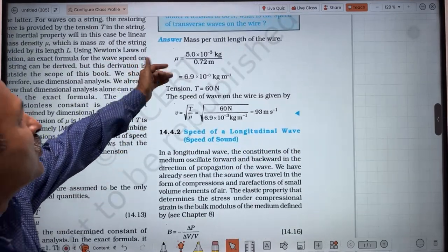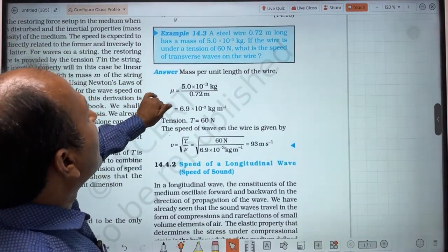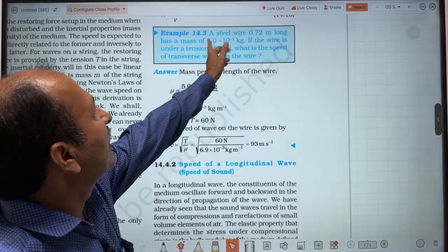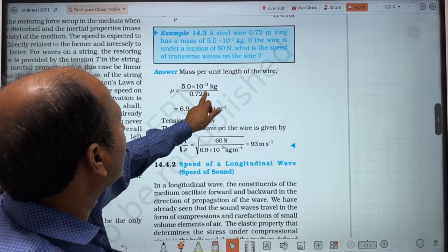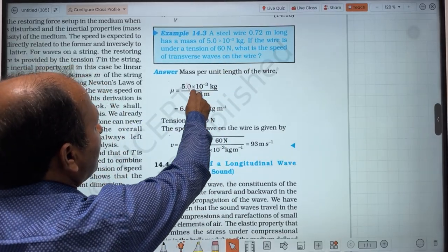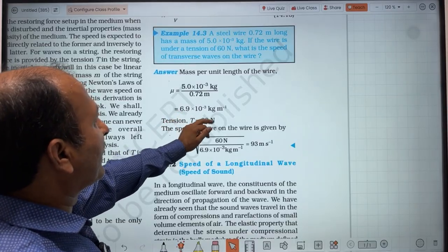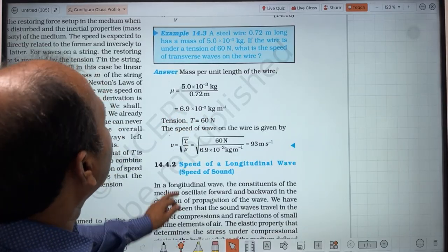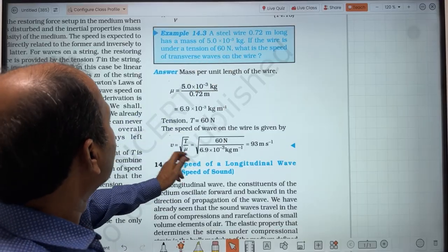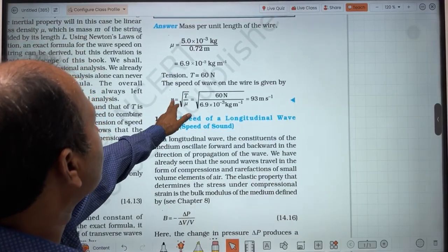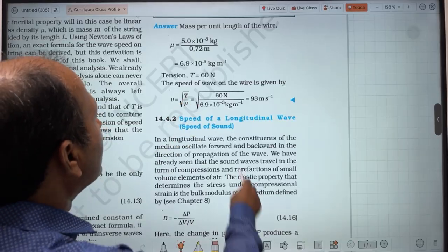So all that we need is mu. Mu is mass per unit length. Here mass is given as 5 into 10 power minus 3 and length is given as 0.72. We write this value here and then we simplify. So we get 6.9 into 10 power minus 3 kg per meter. And tension is already given, 60. So the speed we can find by putting the values in the equation v equal to root of T upon mu.